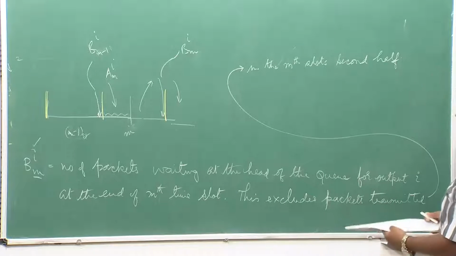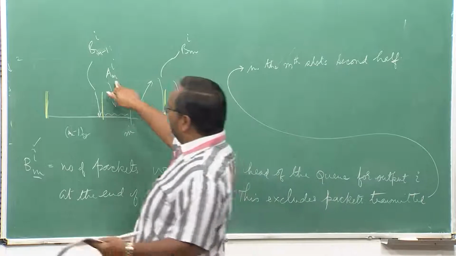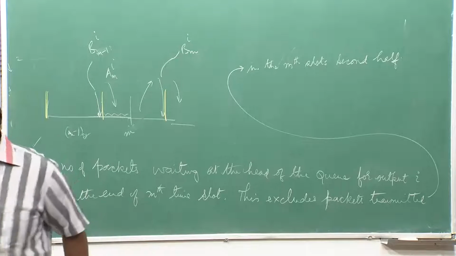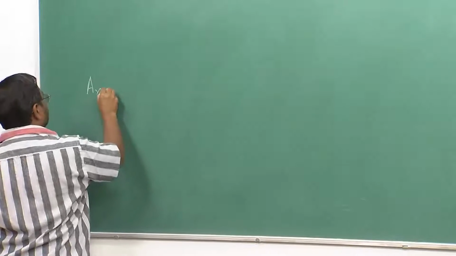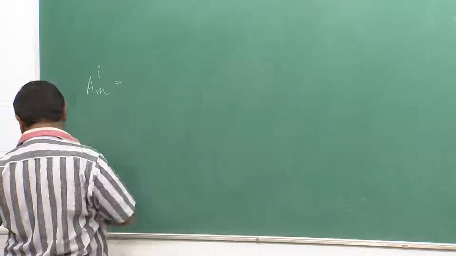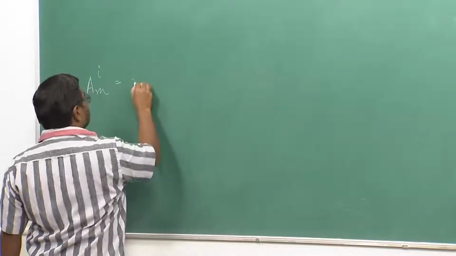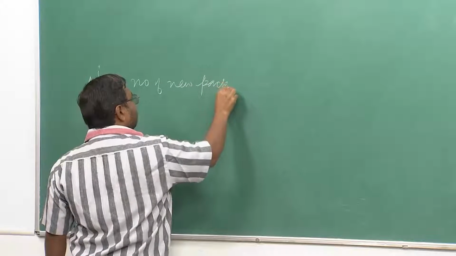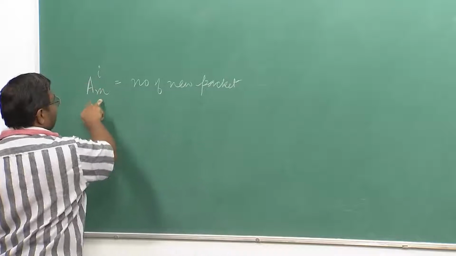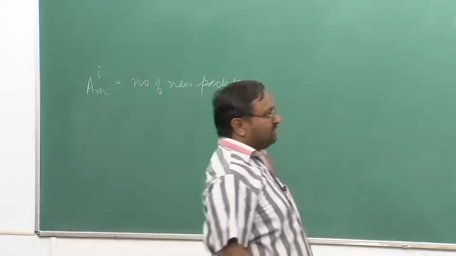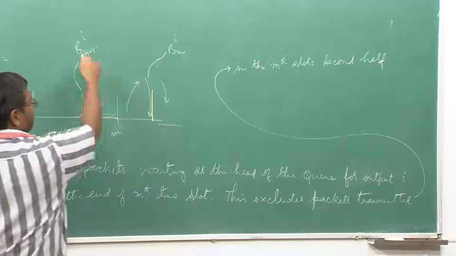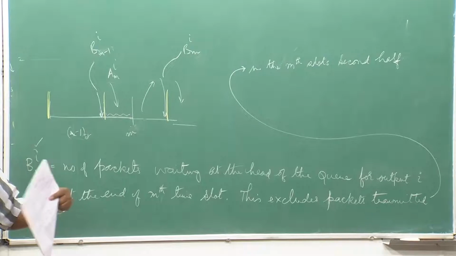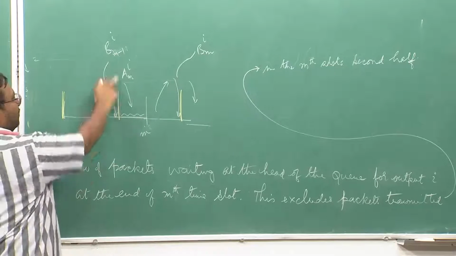So now what is going to be A_i? I also need to define this, so let me write it down here. These are the number of new packets for destination i coming in the mth time slot. For different destinations there are different arrivals, and the total number of arrivals moving from second position to the head of the queue will be the sum of these over all possible i's.